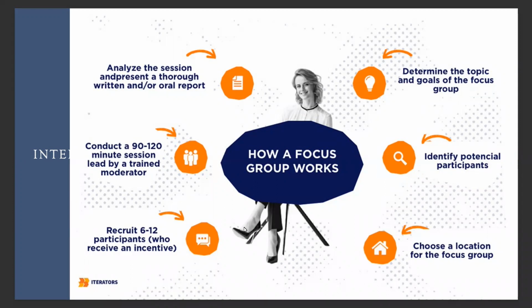You also identify the different participants who are going to participate, and you recruit at least 6 or 12 of them, and then conduct the interview for a fixed time. It can be 90 to 120 minutes, just an example, but it can be really any amount of time that you think is reasonable for your research.